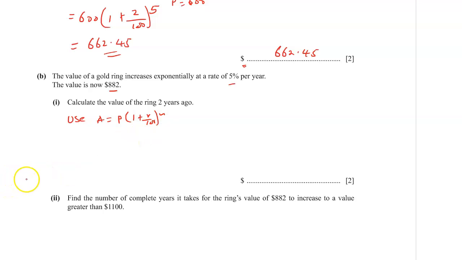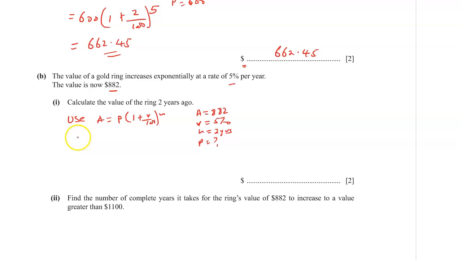Here A is 882, R is 5%, and n is 2 years. We want P.